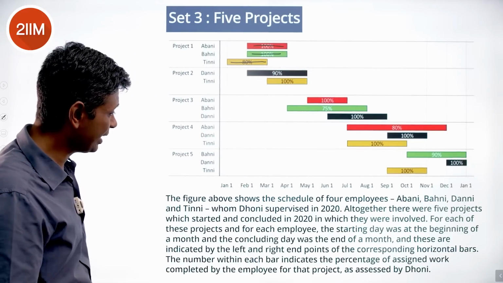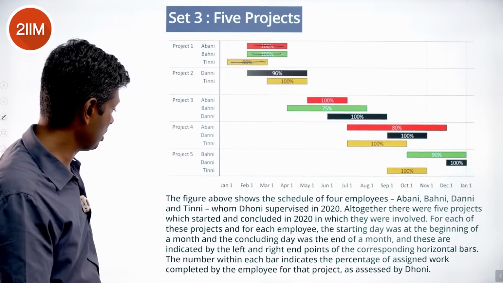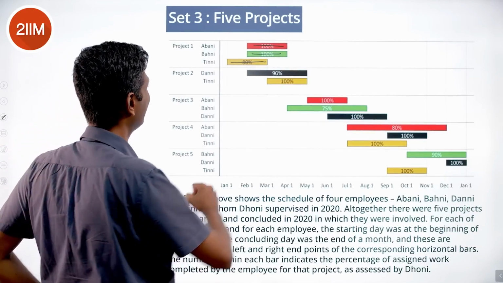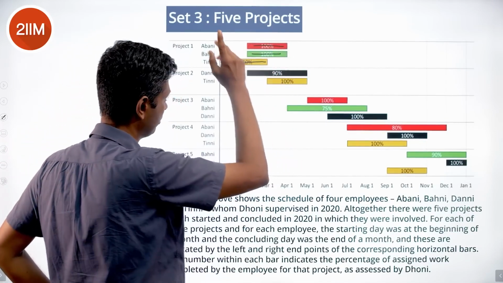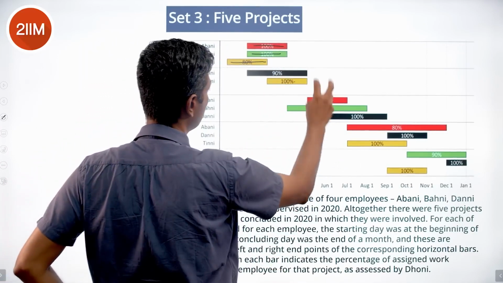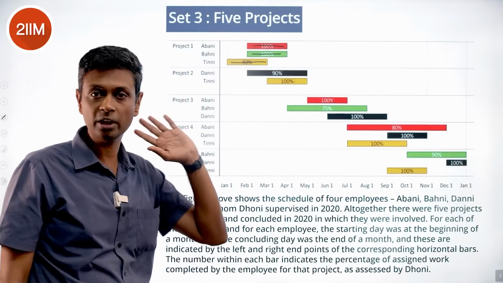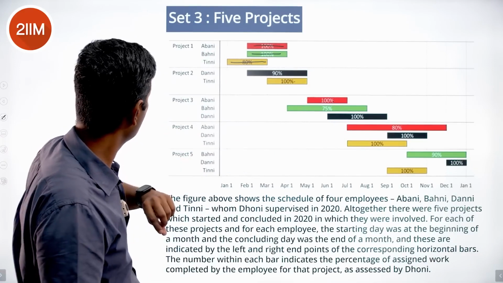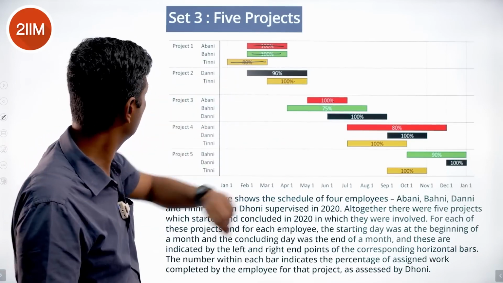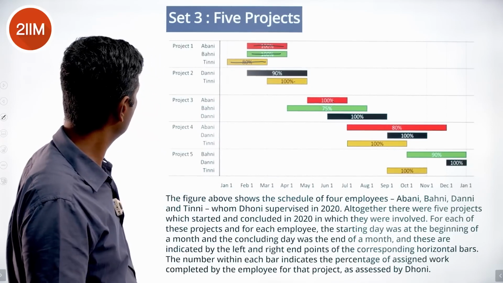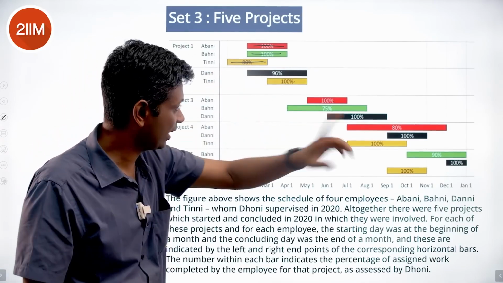The number within each bar indicates the percentage of assigned work completed by the employee for that project, as assessed by Dhoni. So Dhoni says Danni did 90% of the work in those 3 months. Tinni did 100% of the work in those 3 months. Abani did 100% of the work in those 2 months in project 3, and so on. Abani is red, Bahni is green, Tinni is yellow, Danni is black.